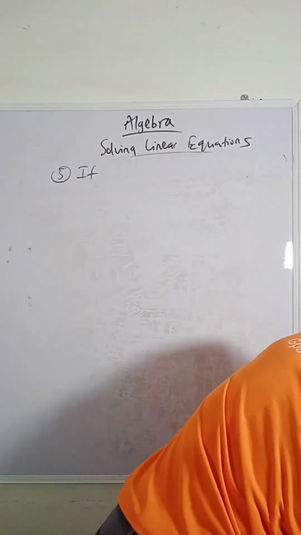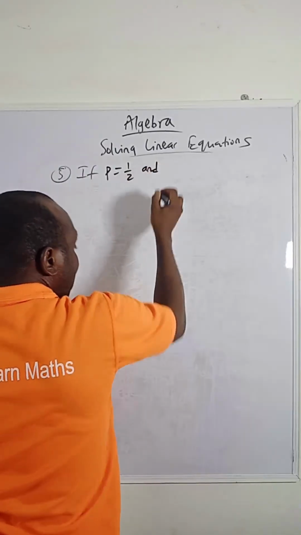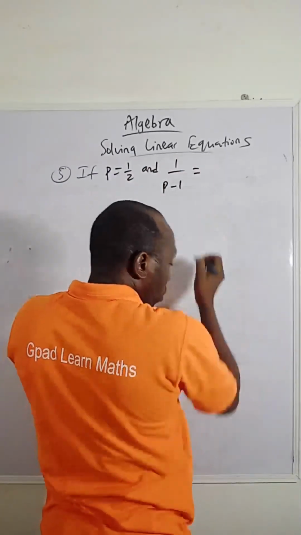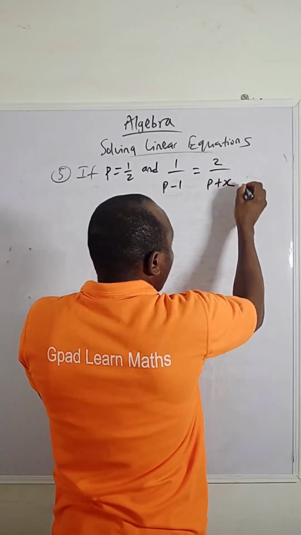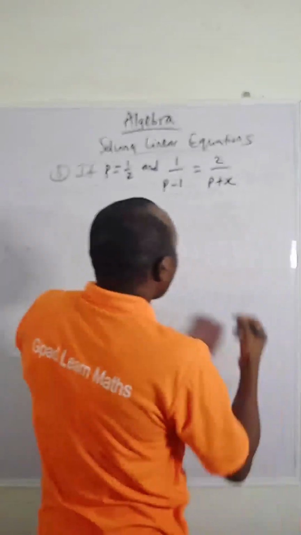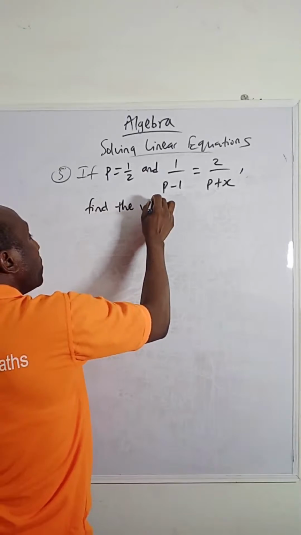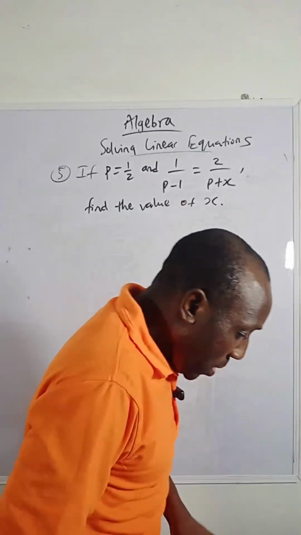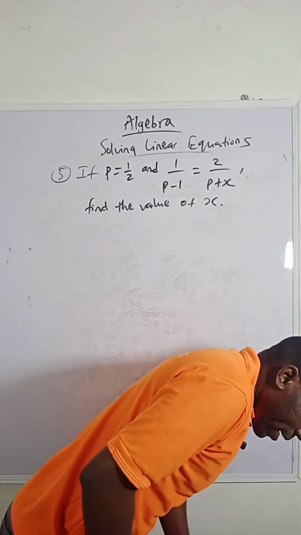If p is equal to 1 over 2, and 1 over p minus 1 is equal to 2 over p plus x, find the value of x. Can you do this, people? Find the value of x.